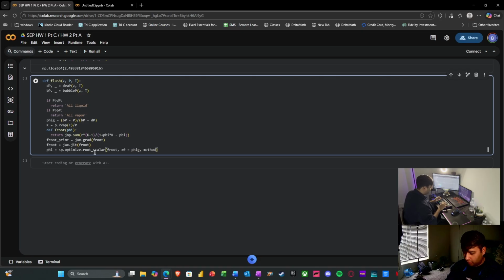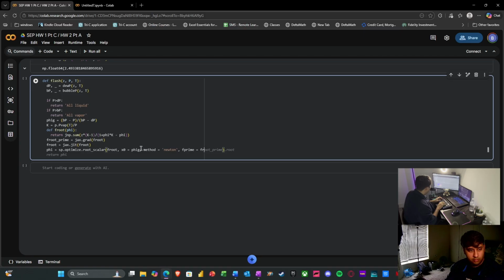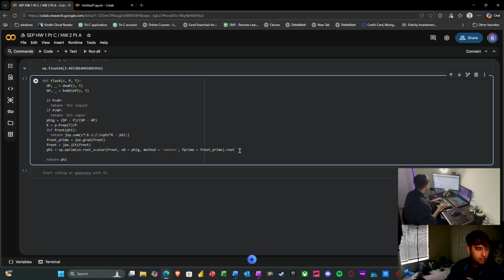Our method will be Newton, and our f prime is equal to f root prime dot root.